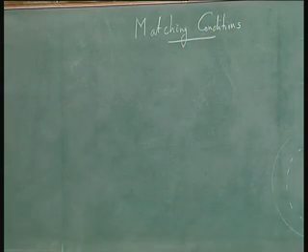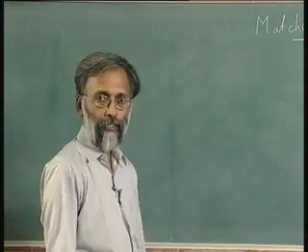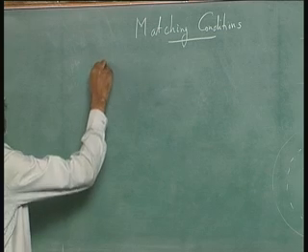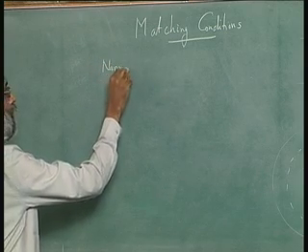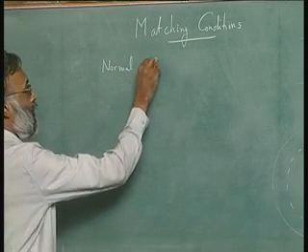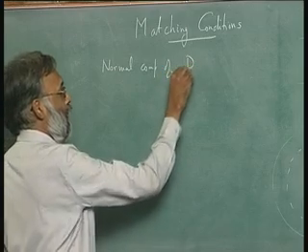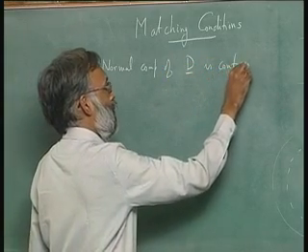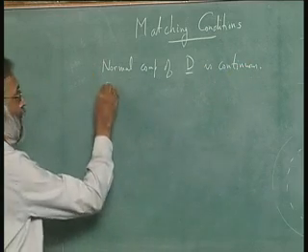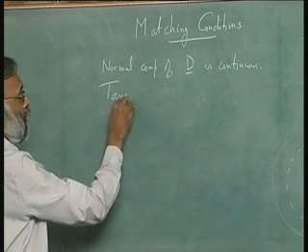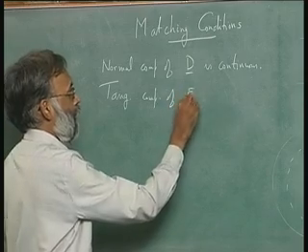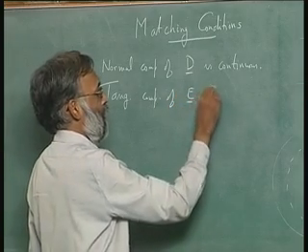In electrostatics, we had developed matching conditions. What were the conditions we had? We had that normal component of D is continuous and tangential component of E is continuous.